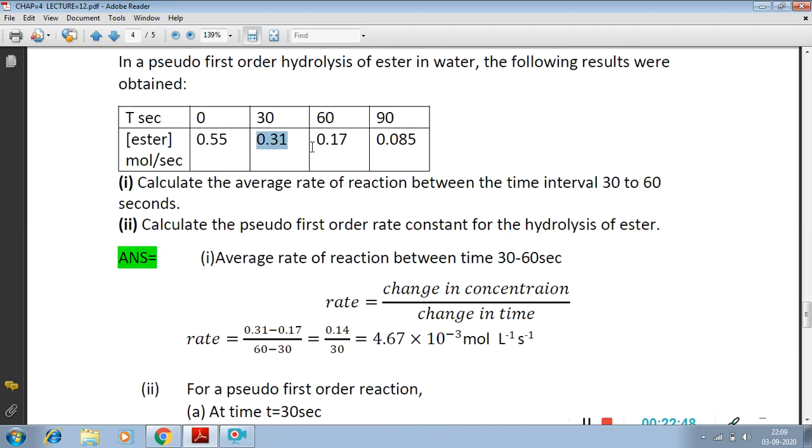So that is our R value. This one is our R0 and this 0.31 is our R.